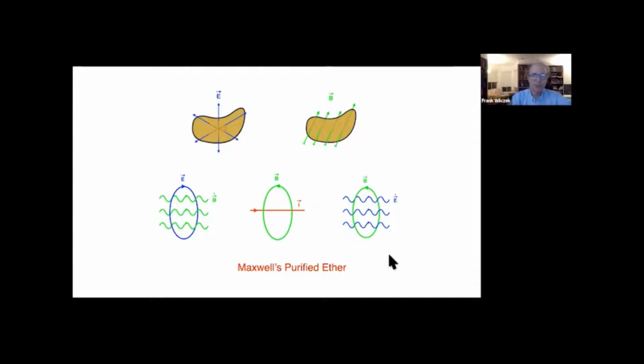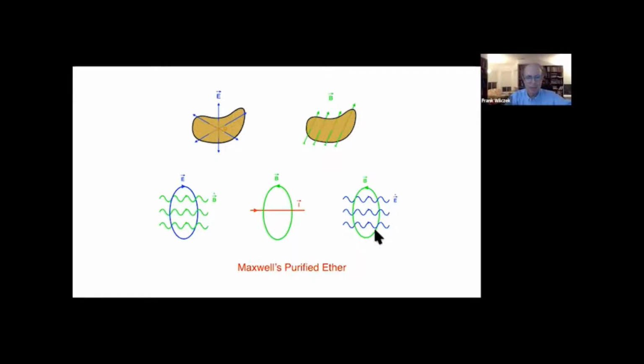So these were Maxwell's equations for his purified ether. The original one was kind of a mechanical or computational model. The purified ether, which satisfies the same equations, was the model that we use today of electricity and magnetism.